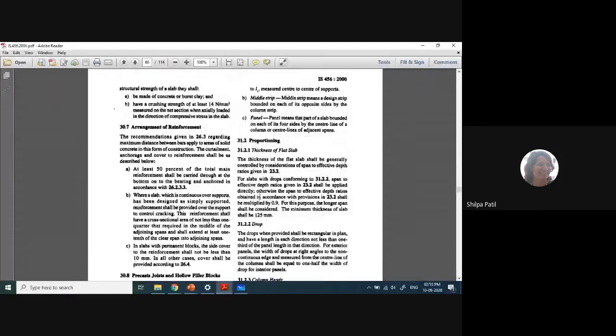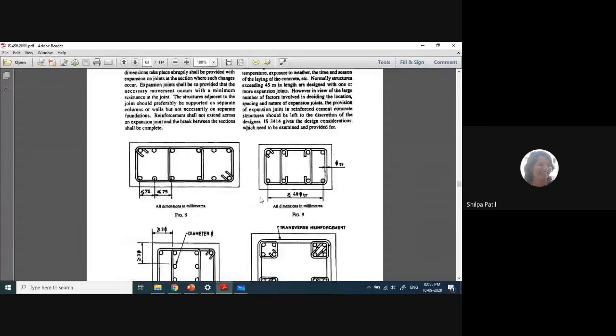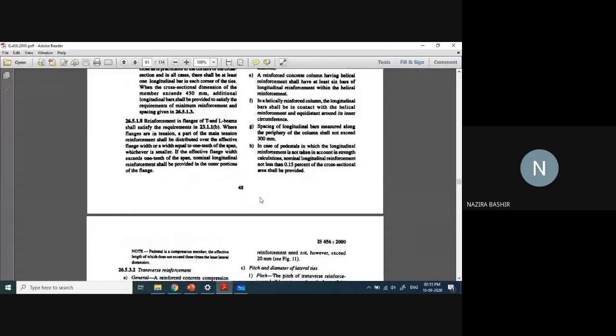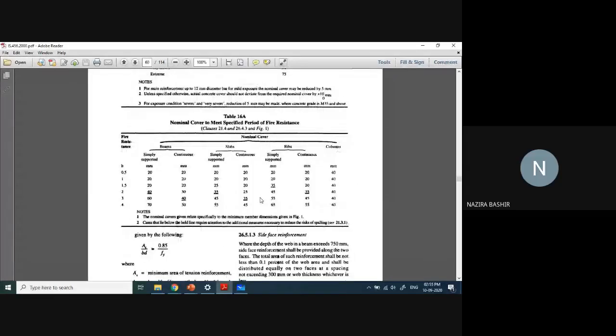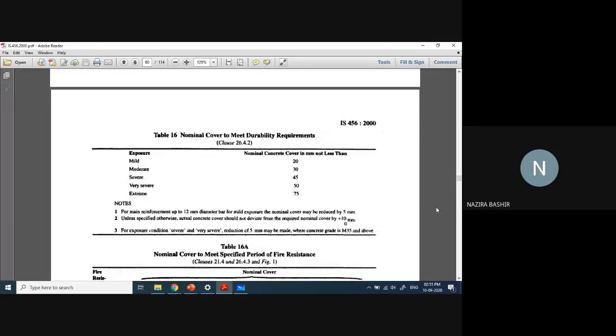Table 16 provides the data for effective cover based on the environmental exposure condition. What was the page number? 47. Yes, this is the table, right?